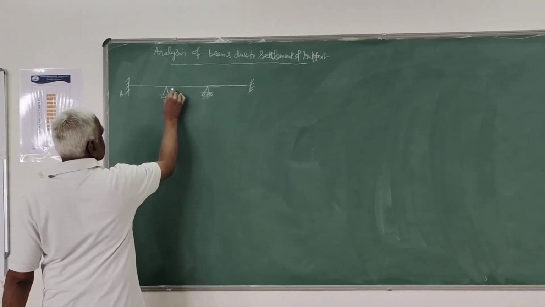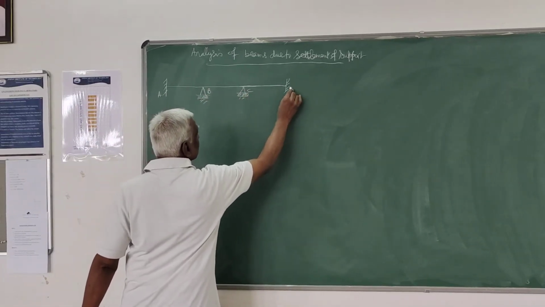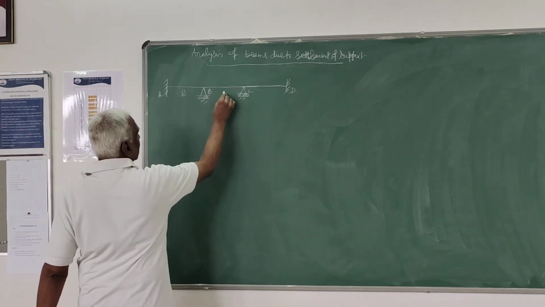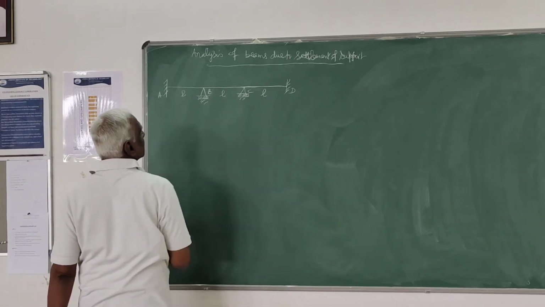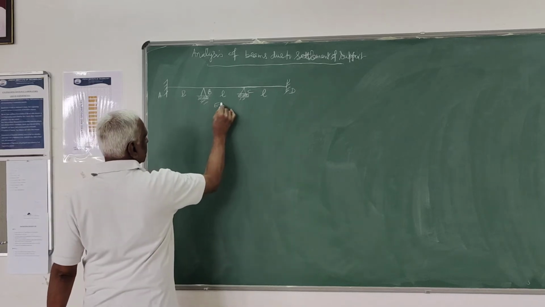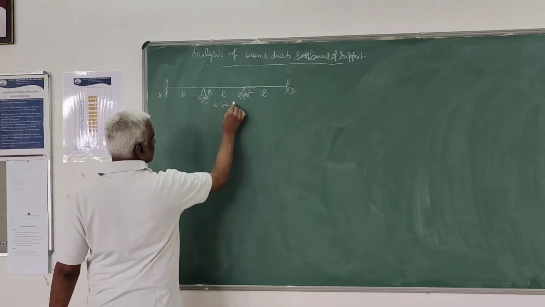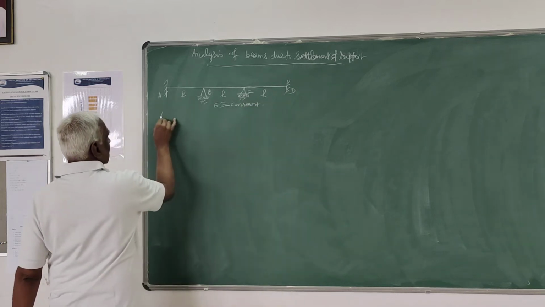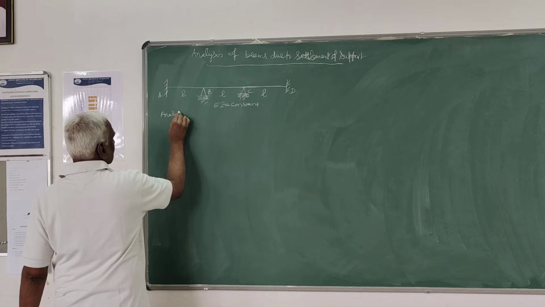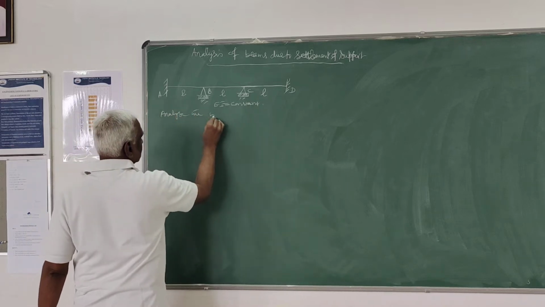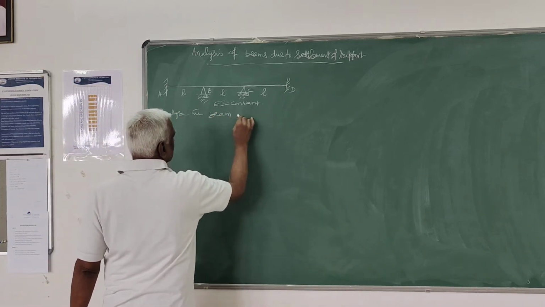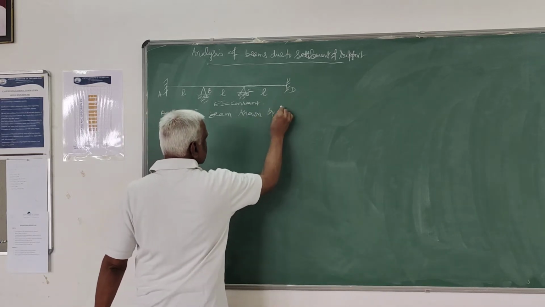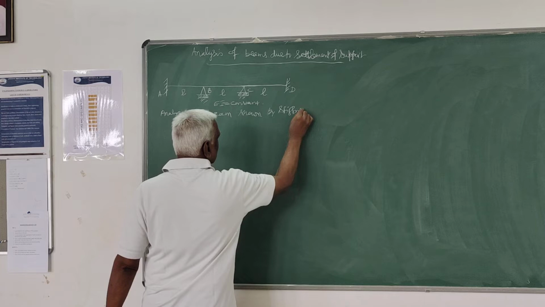A continuous beam ABCD of span L, EI is constant. Analyze the beam shown by stiffness method.